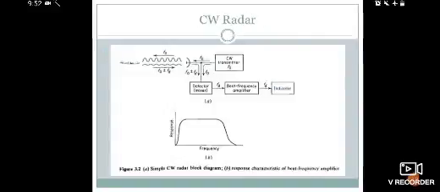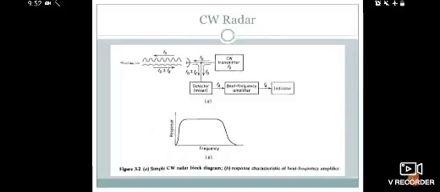For the basic principle of radar, we can see this block diagram of a simple CW radar. We have a CW transmitter which generates a signal of a certain frequency and passes it towards the antenna.